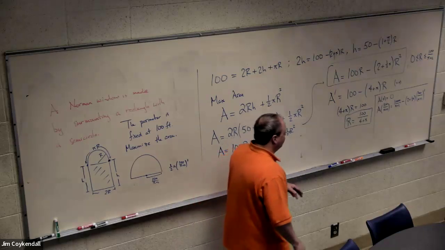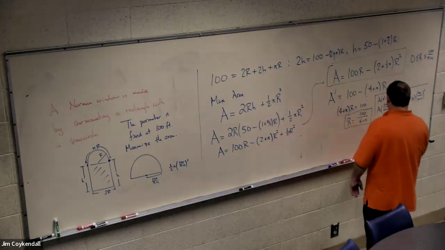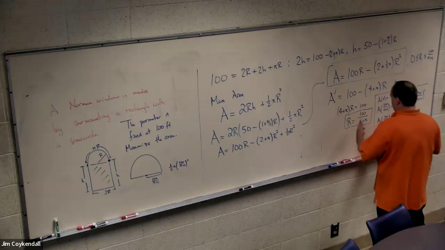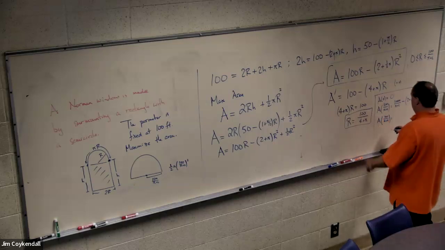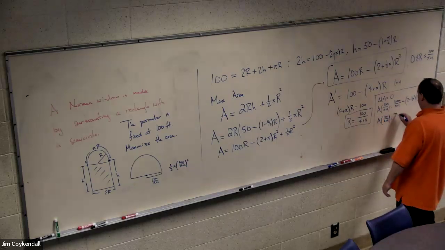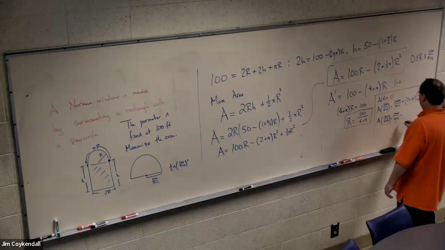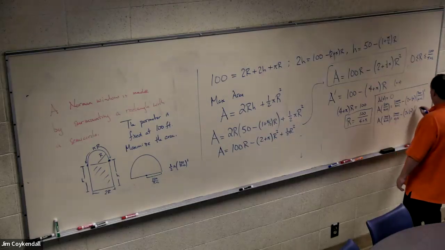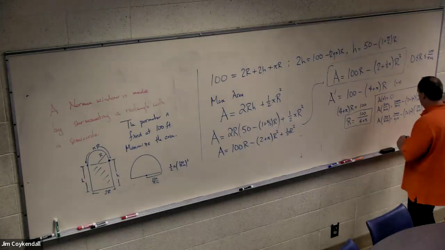But actually, you don't need to know this number. Goodness, this is 10,000 over 4 plus pi, minus (2 plus one half pi) over (100 over 4 plus pi) squared.